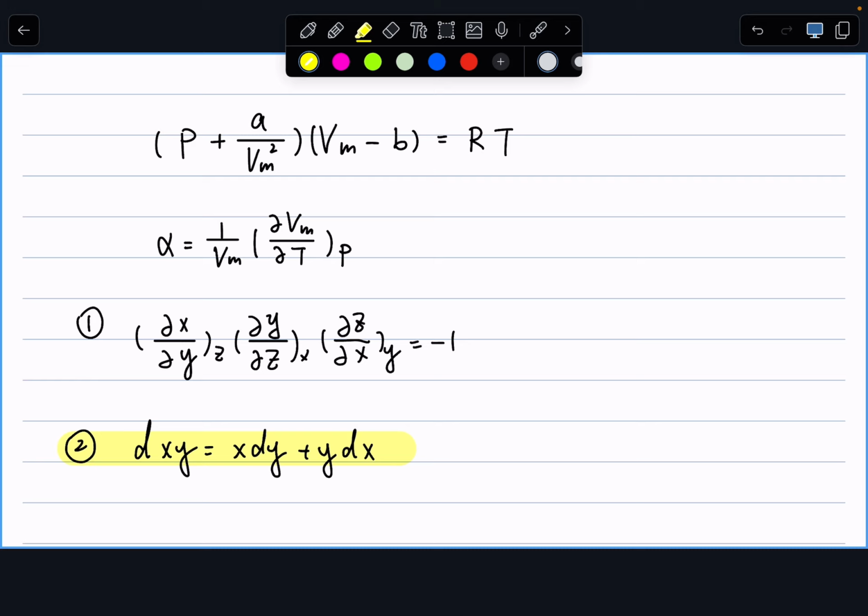So I want to ask you a quick question here. What is the unit of this alpha here? Doing the same kind of analysis, it's the same logic. On the top, Vm minus b tells you Vm and b must have the same dimension. So on the top, we have R times about Vm to the third.